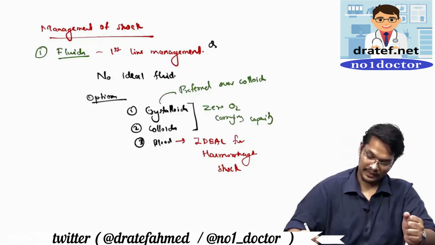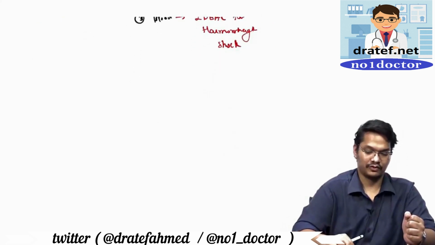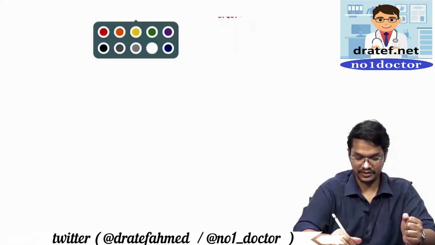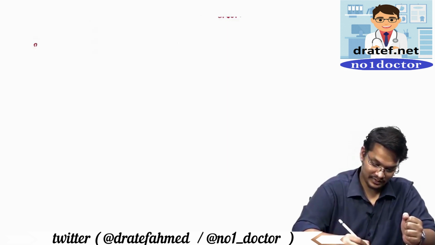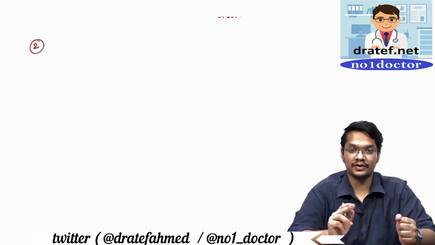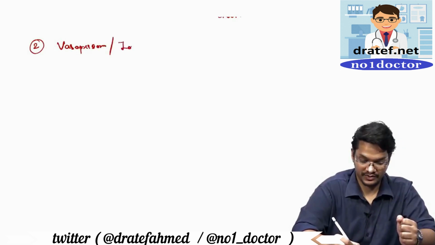Okay, now you have given the patient fluids, but the patient is still not responding. Now, what is the second line management? The second line management is vasopressors and inotropes.